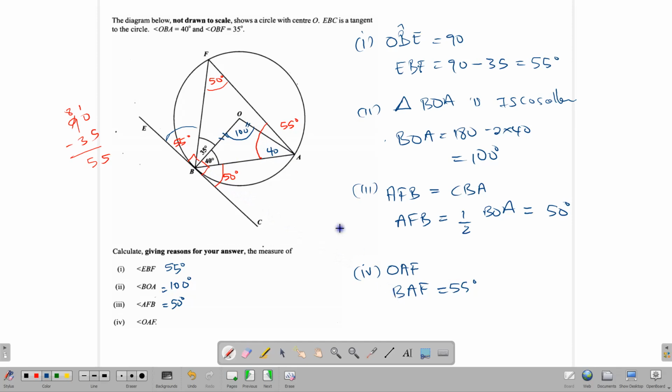So BAF is made up of two angles. It's made up of BAO plus OAF. And BAO is 40. So 40 plus OAF gives us 55 degrees. So we can simply say 55 degrees minus 40 degrees, and that gives us 15 degrees.